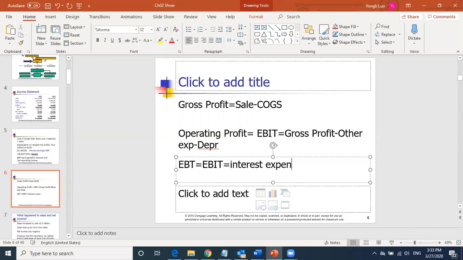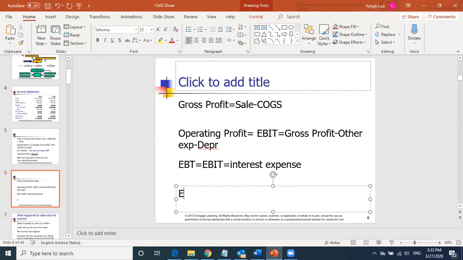Then your earnings before tax minus your tax is your net profit or net income.